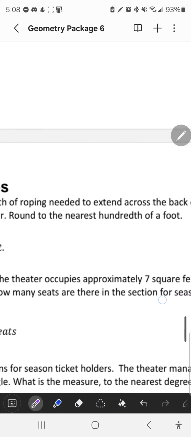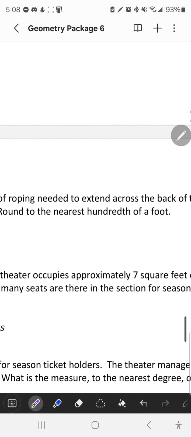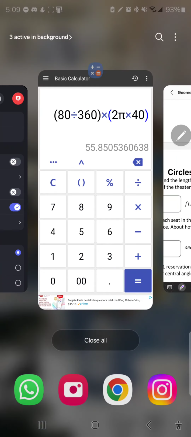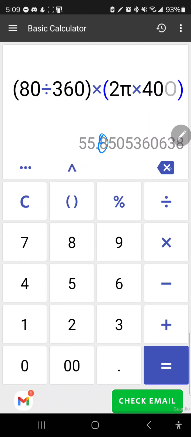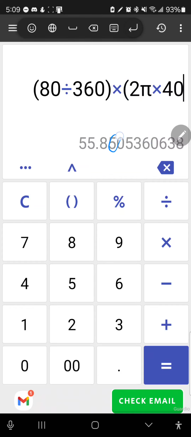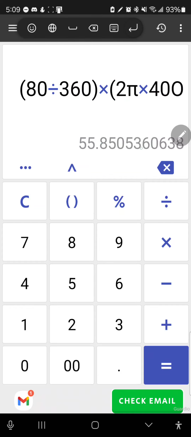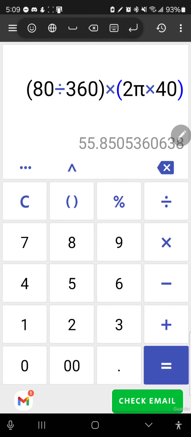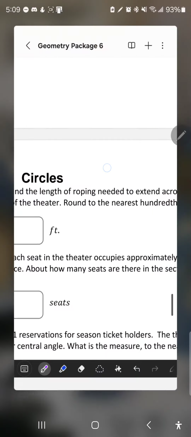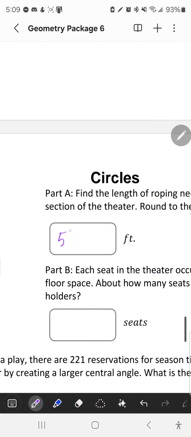Round to the nearest hundredth of a foot. The tenth is 1 after the point, the hundredth is 2 after the point. We have a 0 after the 5, so we just keep the 5, and that will be 55.85.